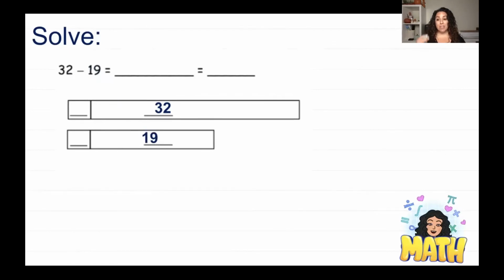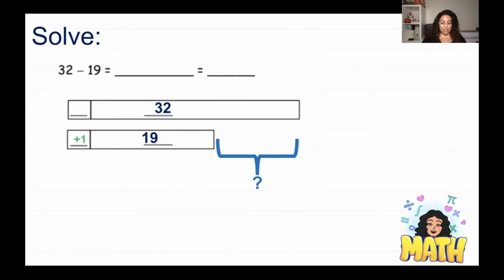So now I have the 32 and the 19 in place, and I need to find the missing variable right there. So which number can I make into a friendly number pretty easily? I'm looking at that 19 right there. If I make my 19 into the next 10, which is 20, well, that'll give me a friendly number.